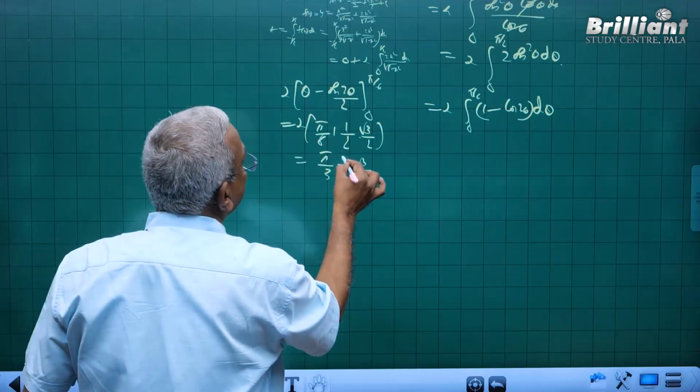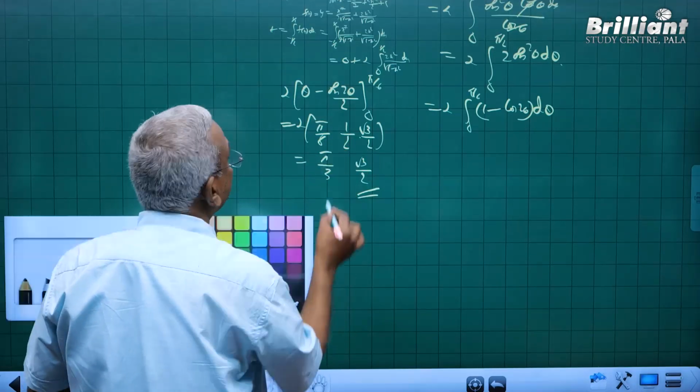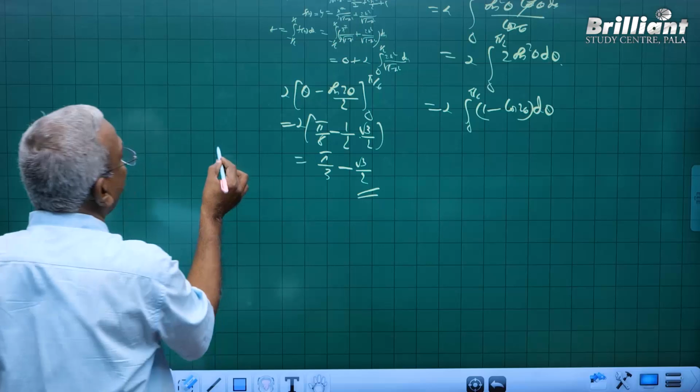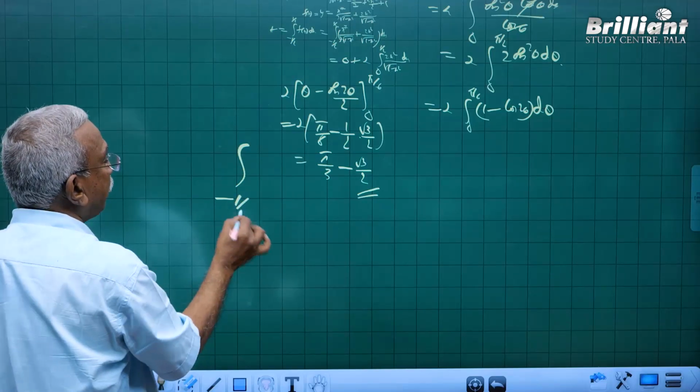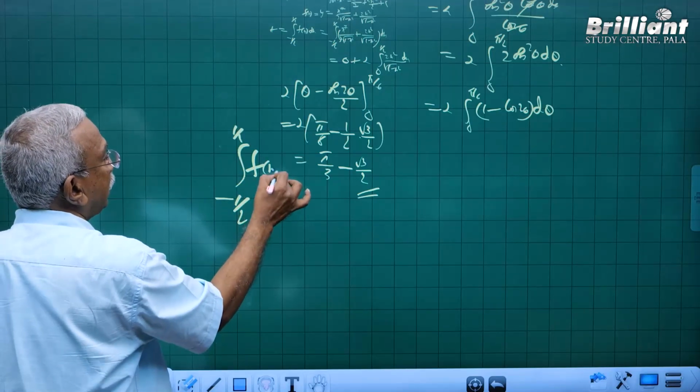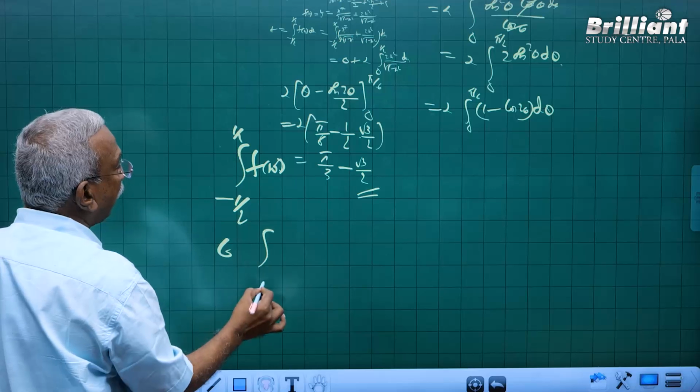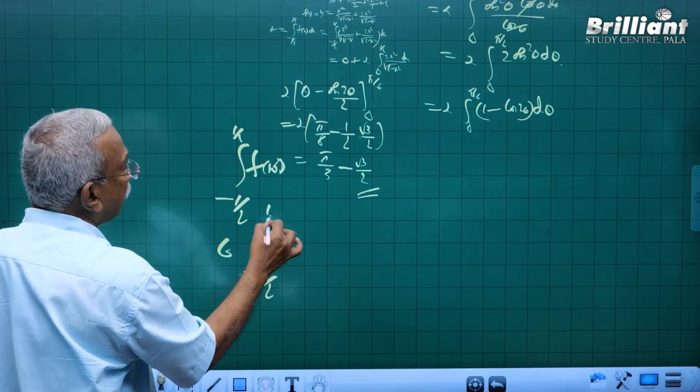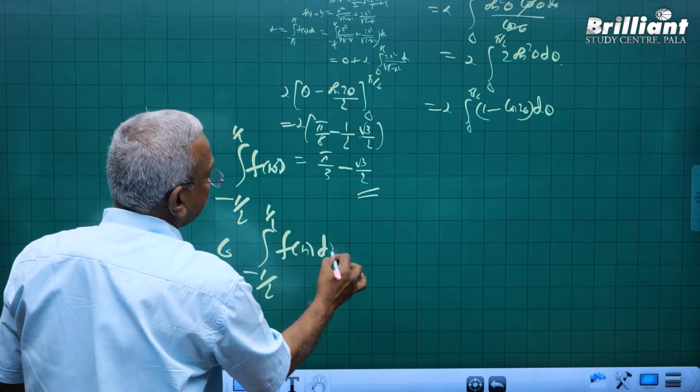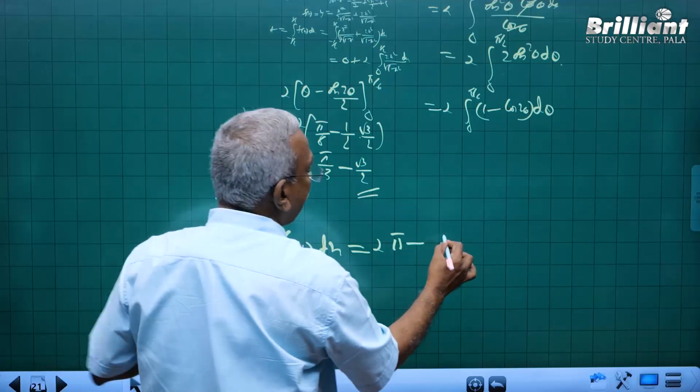So here there is a minus sign. It is integral minus 1 by 2 to 1 by 2 of f of x dx. But your requirement is 6 times integral minus 1 by 2 to 1 by 2 of f of x dx, which is equal to what? 2 pi minus alpha.